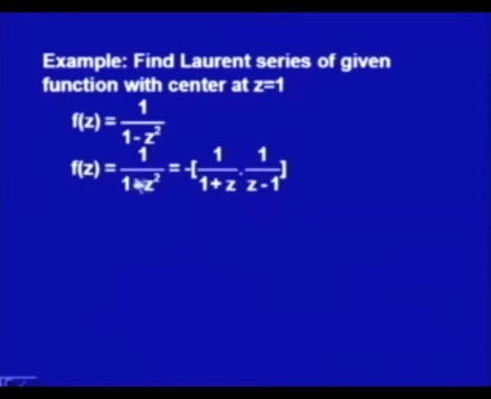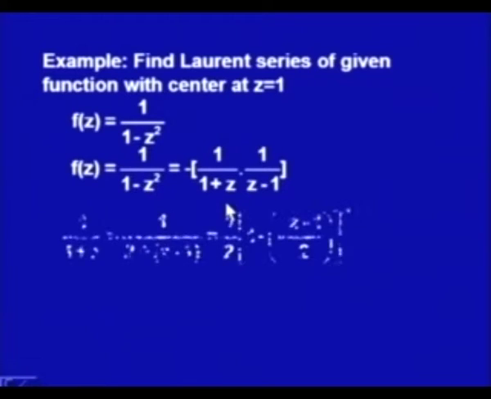We can express this function f z in the form 1 upon 1 plus z into 1 upon z minus 1, and I have taken minus outside to make it 1 minus z square. So, this function is not analytic at z is equal to 1 as well as at z is equal to minus 1, but since we have to find Laurent series expansion about z is equal to 1, we are concerned about its analyticity at z is equal to 1.